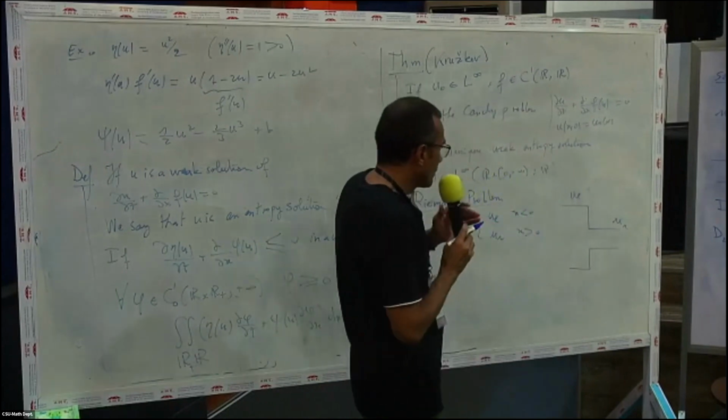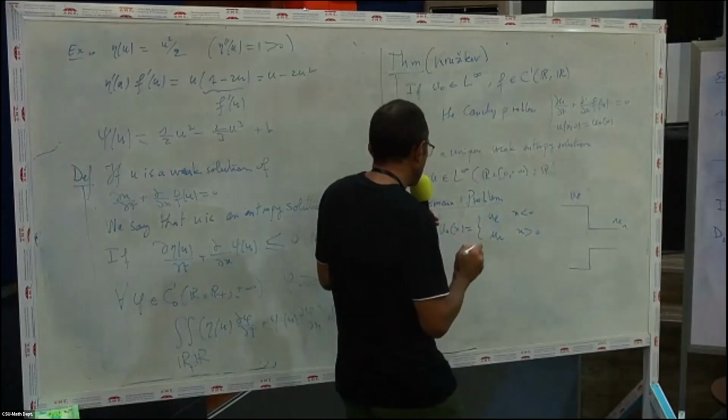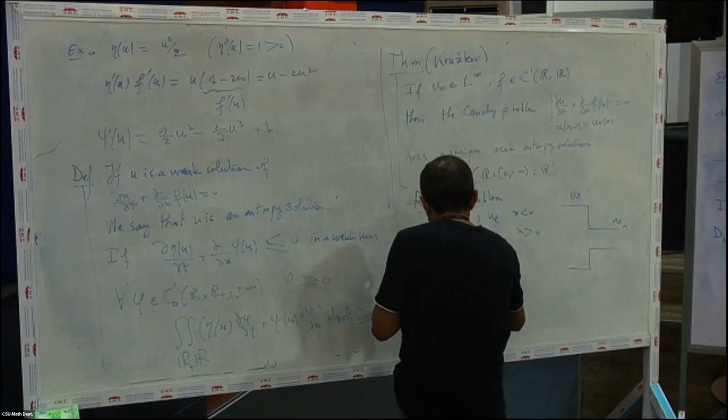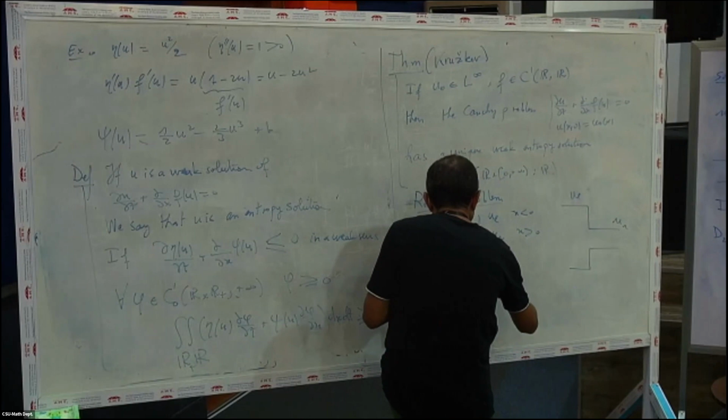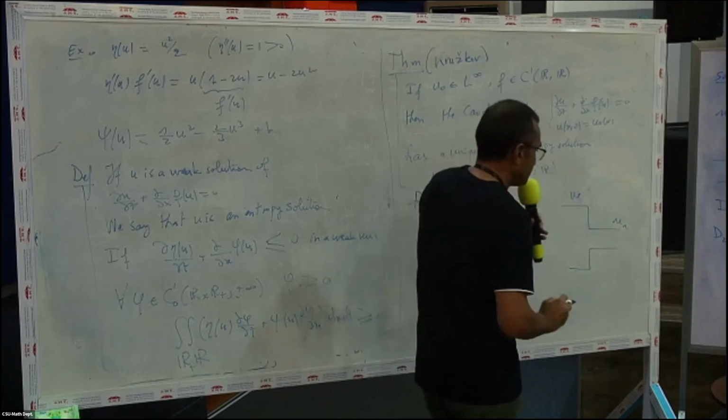So I will give you the solution of this, u_t plus f(u)_x equals 0.